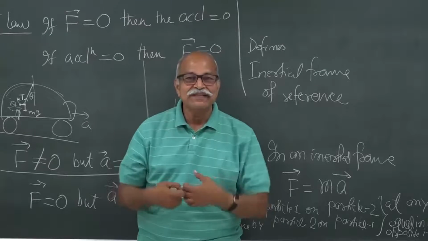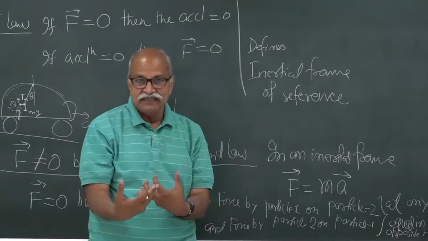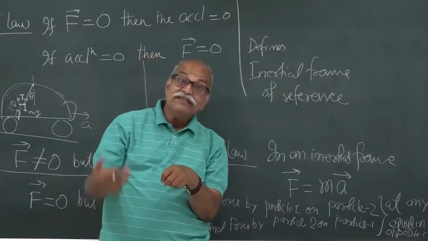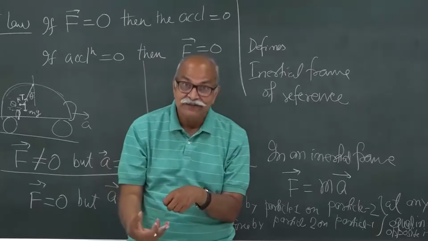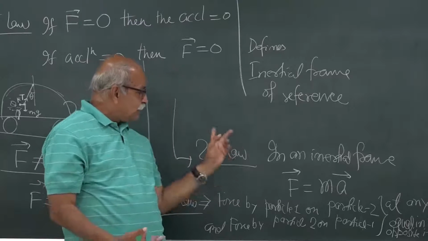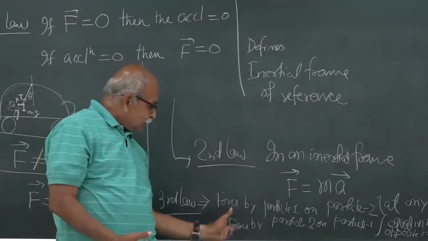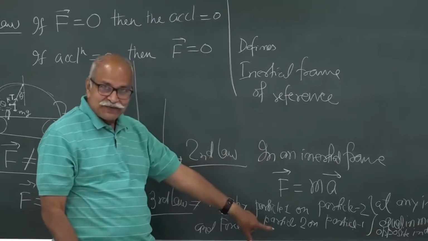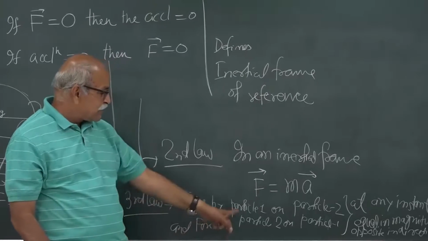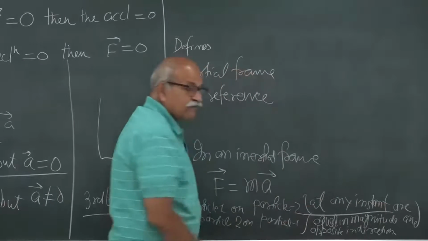What is the magnitude, what is the direction, but basically from where the force is coming. So, which object is exerting the force and on which object it is being exerted. That is very, very important. So, if you have two objects, one is exerting force on the other and the other is also exerting force on the first one. So, that is it, force by particle 1 on particle 2 and force by particle 2 on particle 1 at any instant. This is also very, very important.